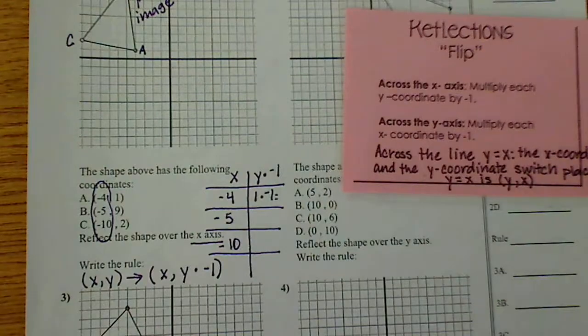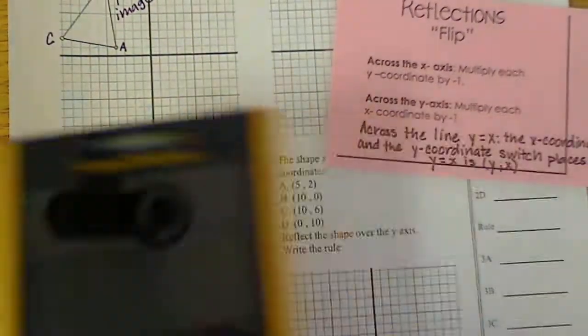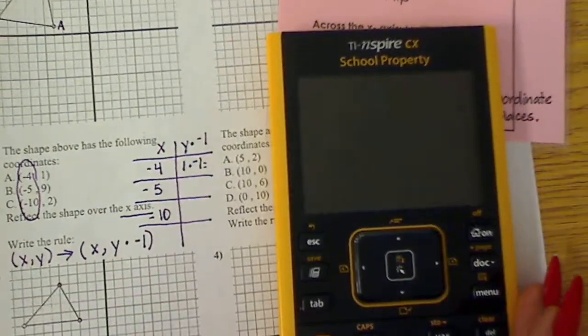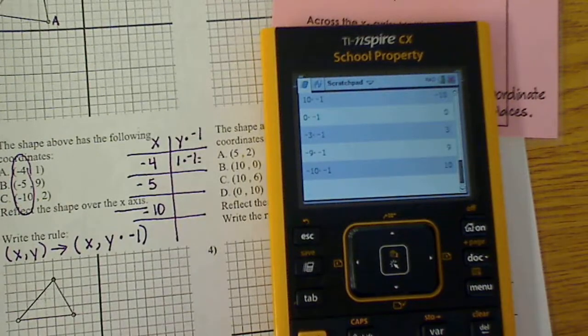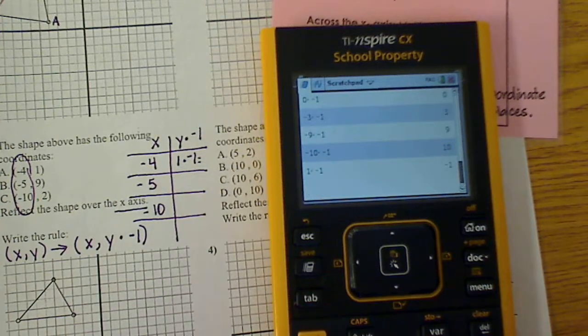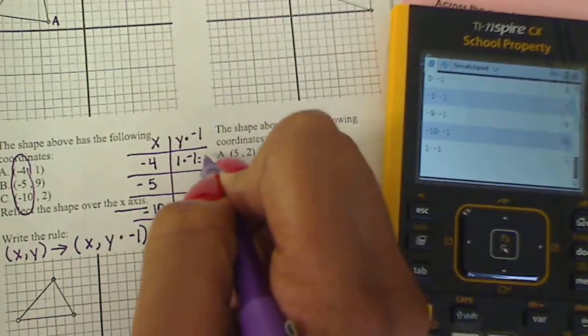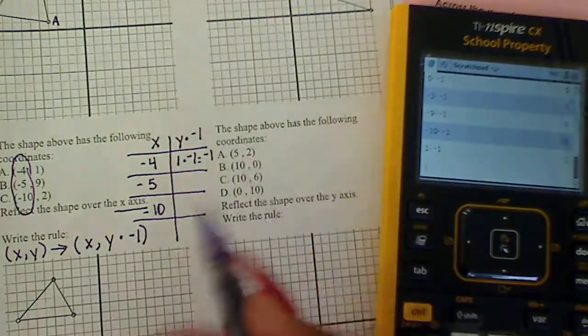Put in the calculator. Then I just have 1 times negative 1. What's the answer? It's negative 1. So my y becomes negative 1.